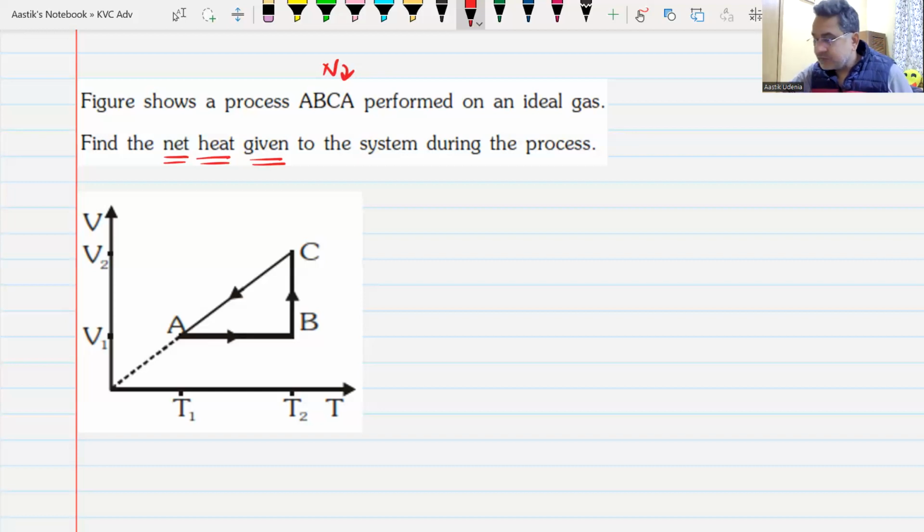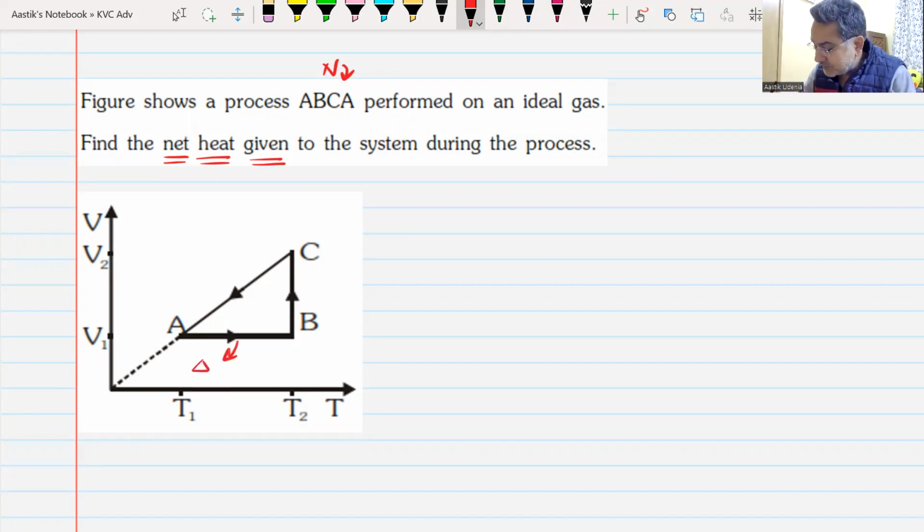Yes, sir. To find out, basically you have to find out the work done in this process from A to B, B to C, to A, and you have 2 minutes to give me the answer. Number of moles is n and the rest of the things are known to you, and we have done a lot of questions on this. You just need to find out the work done in the three processes, add them, subtract them, whatever, and you get it.